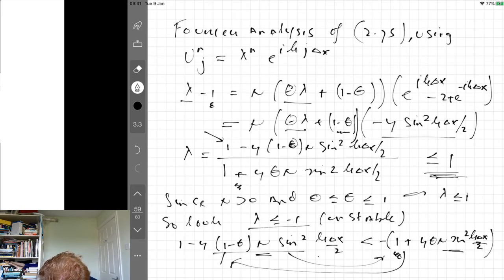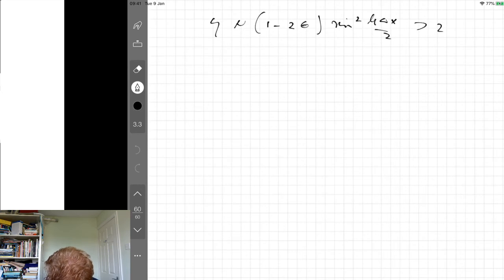The theta, that's plus theta, on the other side becomes minus theta, so that's why I have minus 2 theta like here. So there's instability when that's the case.